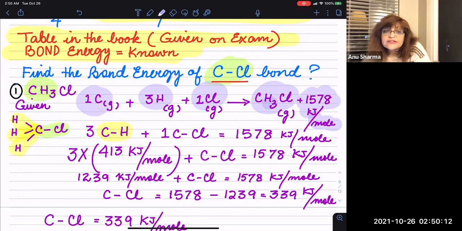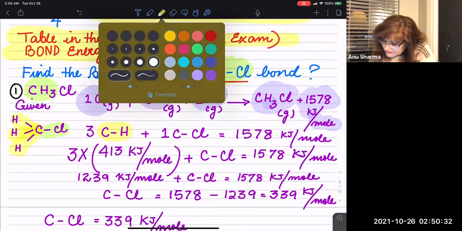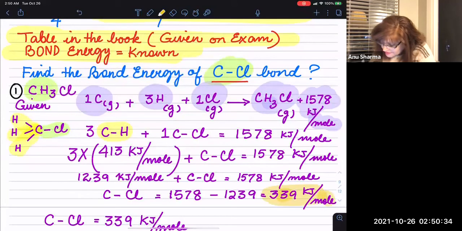There are 3 CH bonds, so it is times 3, plus carbon-chlorine, which we need to find, and 1578 is the total. So you subtract 1239, which is the energy of 3 CH bonds, from 1578 and you get 339 kilojoules per mole. So this 339 is the energy of the carbon-chlorine bond.